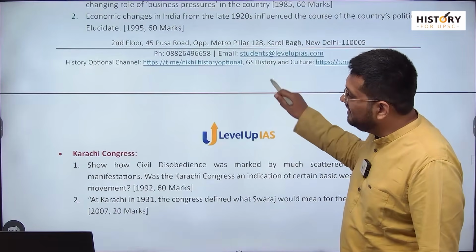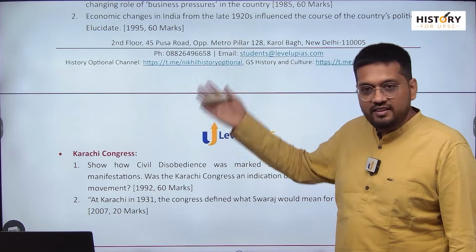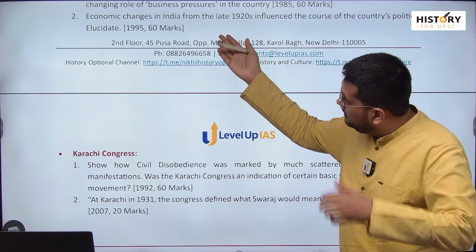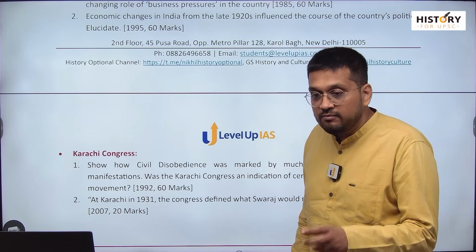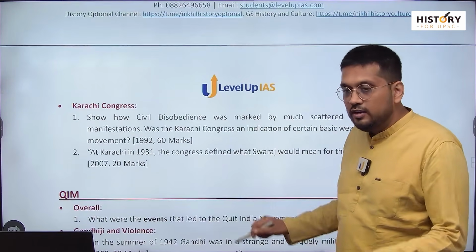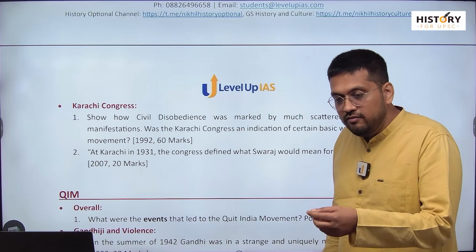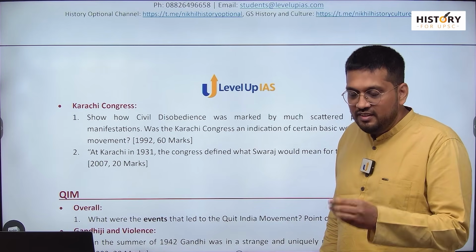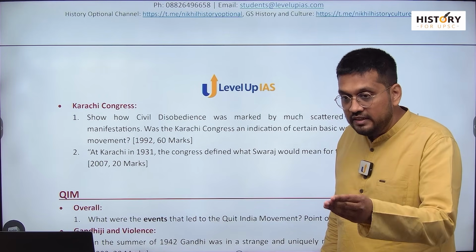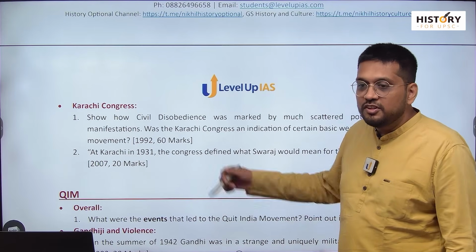And the third thing is Karachi Congress. Direct connection है, क्योंकि if you go by this theory of business pressure on Mahatma Gandhi to go for some kind of settlement with British, the main argument that they give is the Gandhi-Irwin Pact. It happened in March 1931, और उसी महीने कराची कांग्रेस भी होती है.